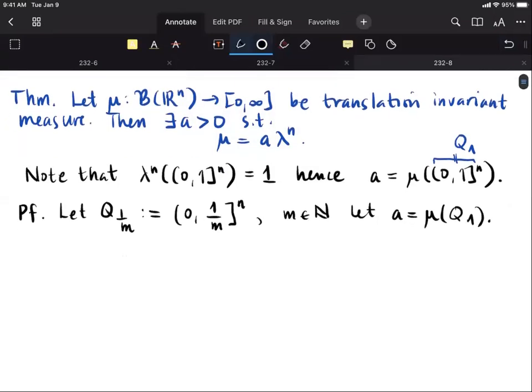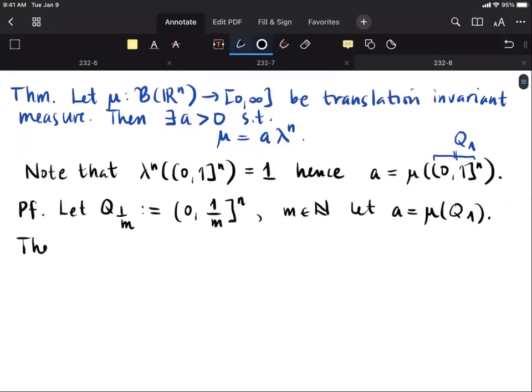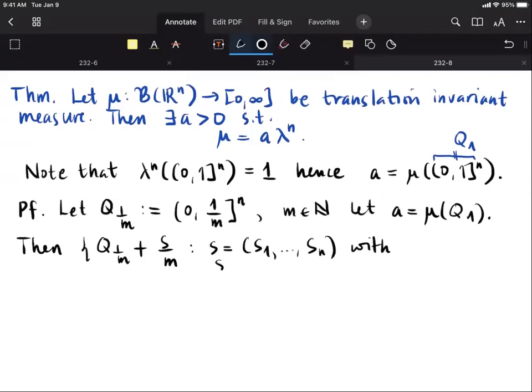Okay, then the following collection, Q plus s over m. Here s is the following vector having components s_1 to s_n, where s sub k is an integer from 0 to m minus 1.